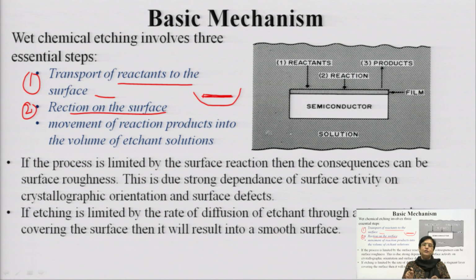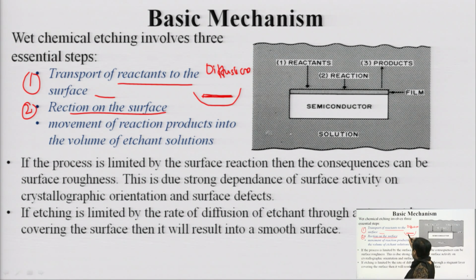The process of etching at this instant is limited by diffusion. What does that mean? There is limited availability of etchant solution over here, and since there are no more species available, the reaction is limited.